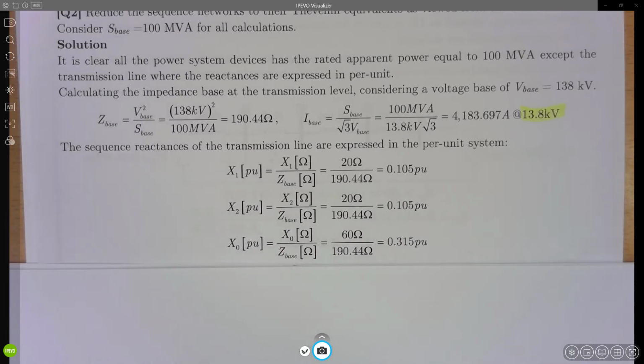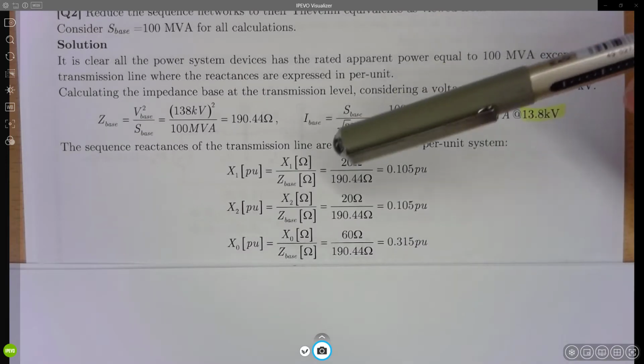The next step: I told you that the transmission line has its impedance expressed in ohms, real units, and we are interested in running our calculations using the per unit system to take advantage of it, as we do in power systems.